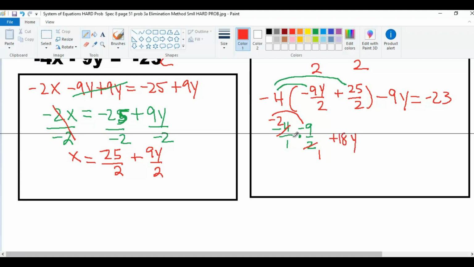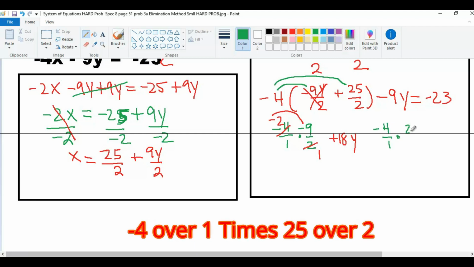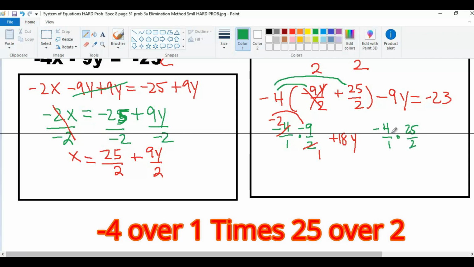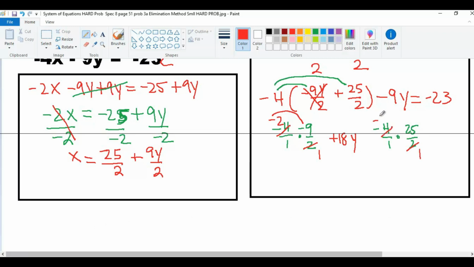So that's going to replace this right here. Don't need that anymore. Now same thing with the other number. The negative 4 is going to be multiplied by 25 over 2. Same thing. What can we cross cancel? Yes, 2 goes in here 1 time, 2 goes in there negative 2 times.